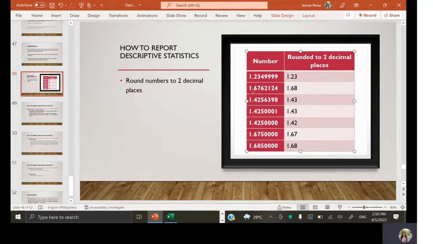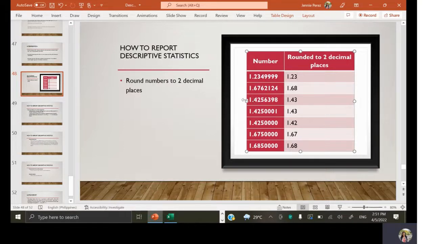And then 1.676, since the third decimal place is 5 and above, then we round up the second decimal place number. So from 1.67, we round it up to 1.68. Now, how about 5?